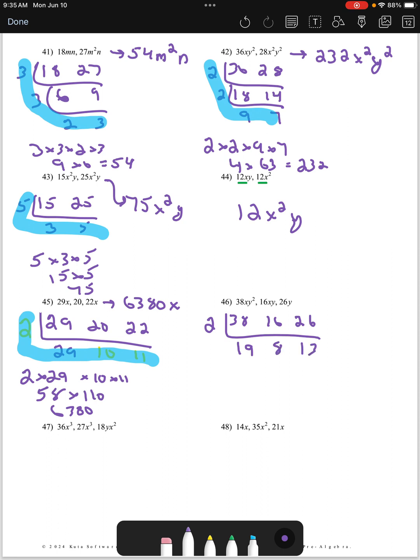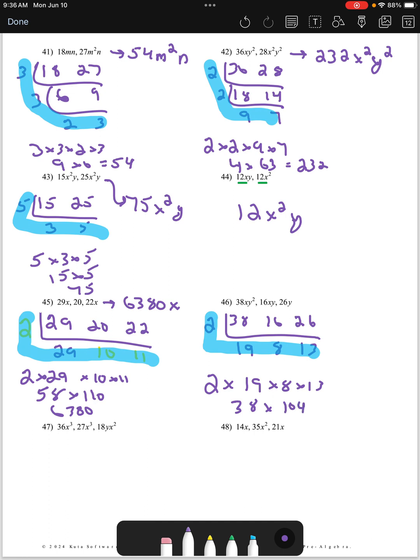We're going to say, okay, those can all cut in half. That gets me 19, that gets me an 8, that gets me 13. Oh, not good numbers. But nothing else to do here. 19 and 8 and 13 certainly have nothing in common. Neither do any of their pairs. So we are just going to have 2 times 19 times 8 times 13.